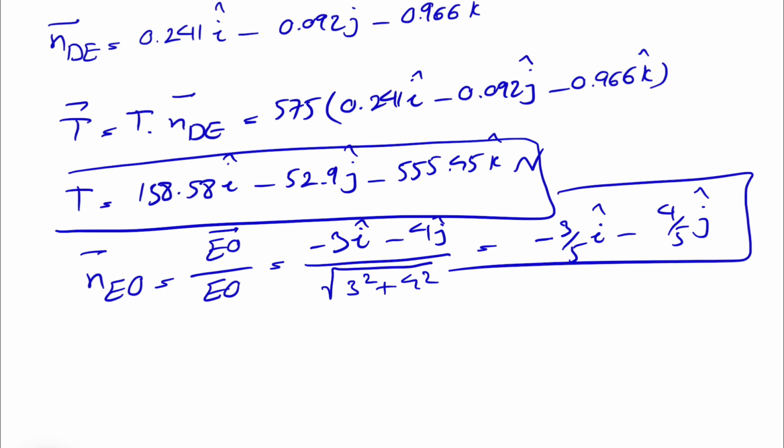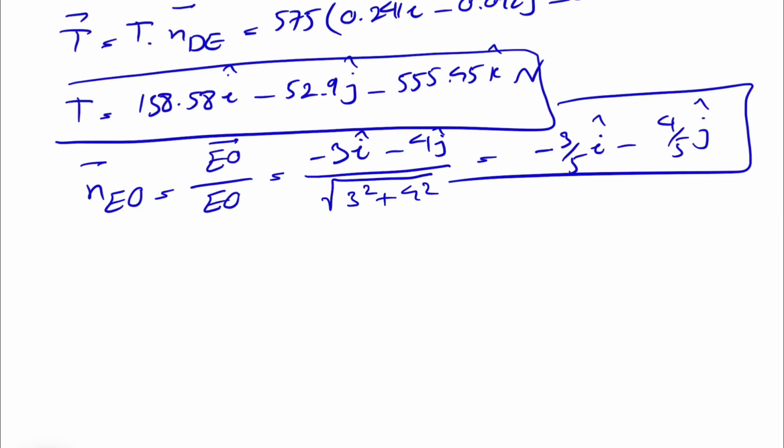That's our second vector, and we are looking for the projection of T on EO, which would be the dot product of T and EO. For the dot product, it's pretty easy. We just multiply the X components to X and Y components to Y, and add everything together at the end.